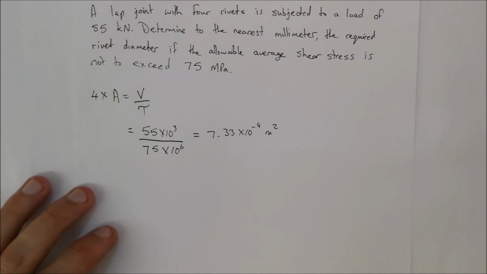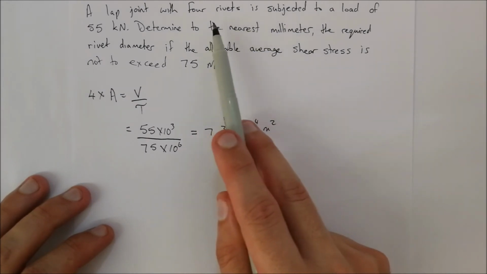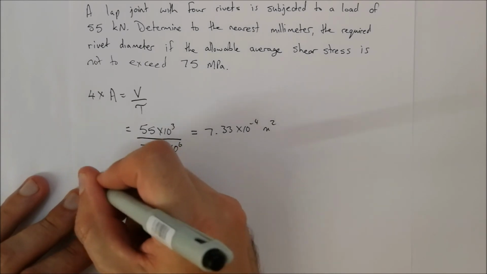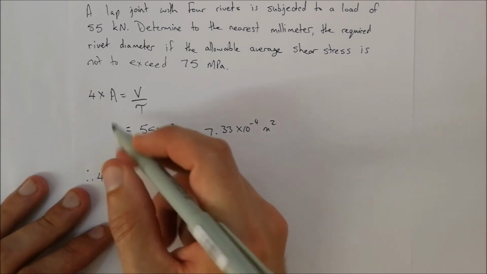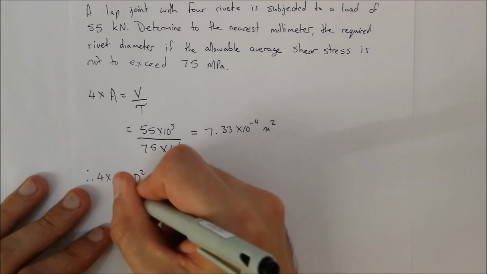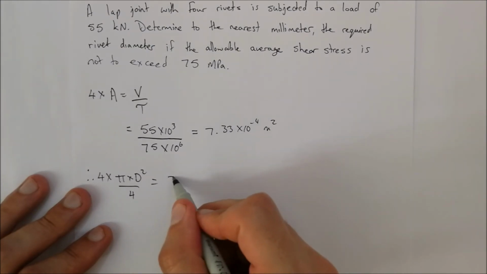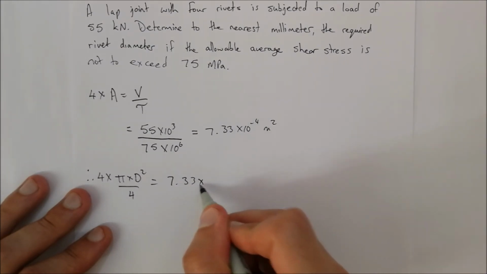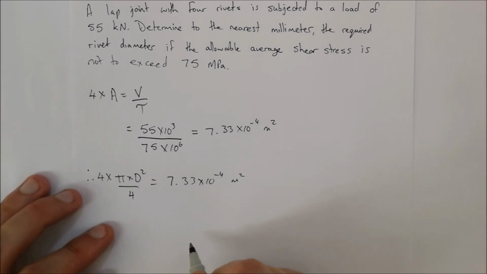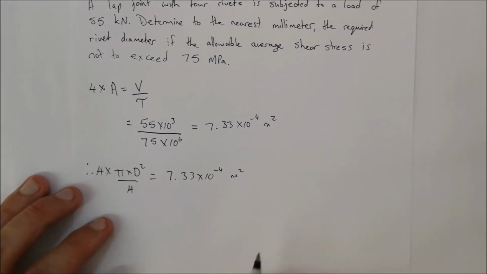Okay, so we need to now look into that. We have to calculate what the diameter of the rivet is. So 4 times the area, which is pi times d squared over 4, is equal to 7.33 times 10 to the minus 4 square meters. Okay, so that 4 and that 4 can cancel out with each other.